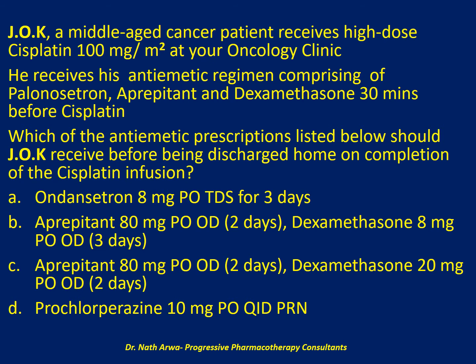Or would it be C, 80 milligrams of aprepitant taken orally once daily for the next 2 days plus 20 milligrams of dexamethasone taken once daily for the next 2 days? Or would it be D, 10 milligrams of prochlorperazine taken orally up to 4 times daily as needed? I'll give you 10 seconds to choose the correct answer.